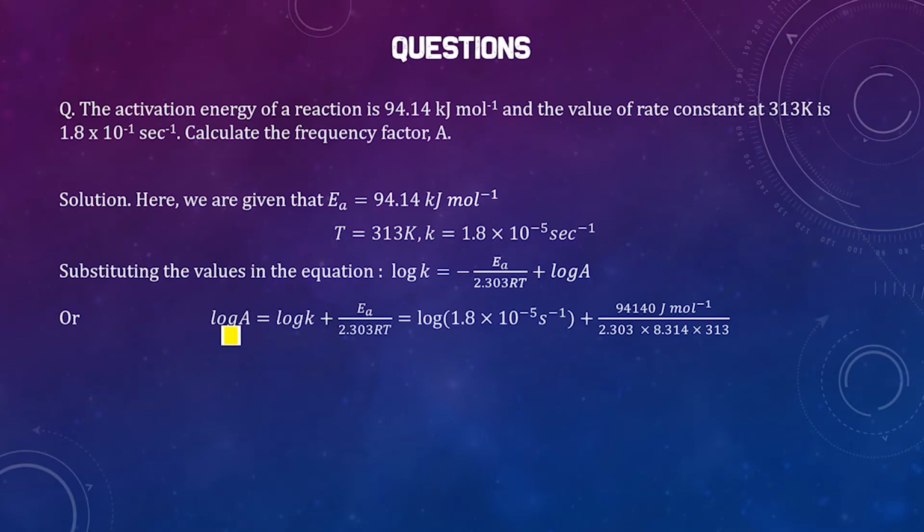Now if I have to find log A, this term has to go to the other side. So it will be log K plus EA upon 2.303 RT. The EA value is given in kilojoule, so we have to convert it into joule because the R value will be in joule.